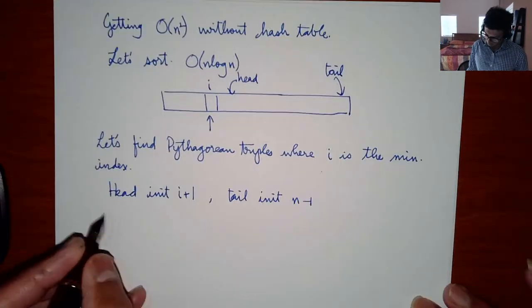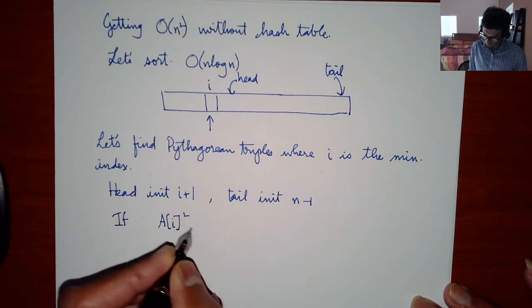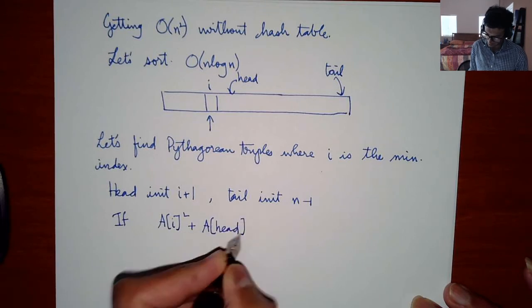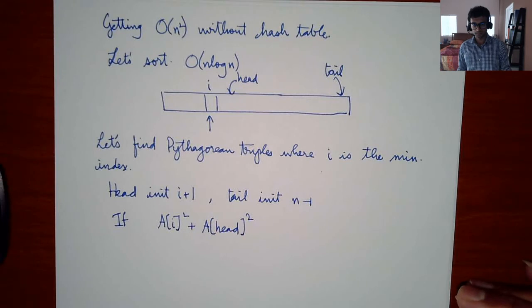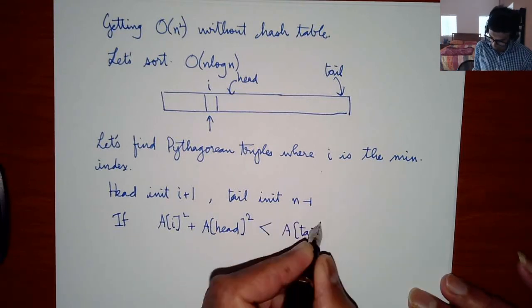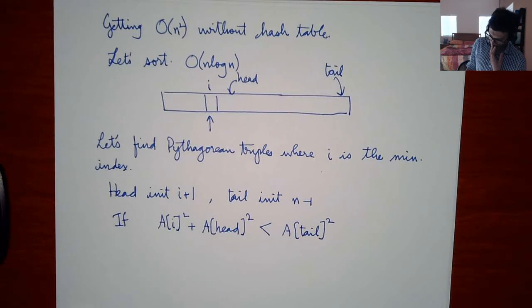So now check if A of I square plus A of head square is less than A of tail square. So let me see if this works out.